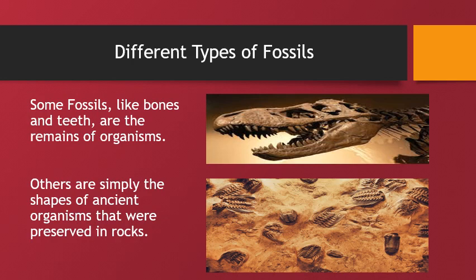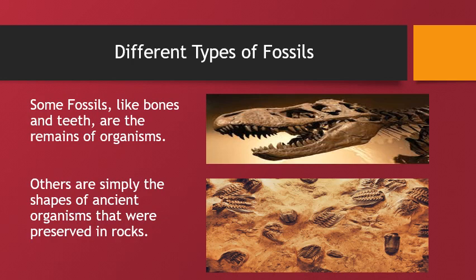So what is remaining? Only the bones. So you will find some fossils where only the bones and the teeth are remaining. Apart from that, other things have been decomposed or destroyed.